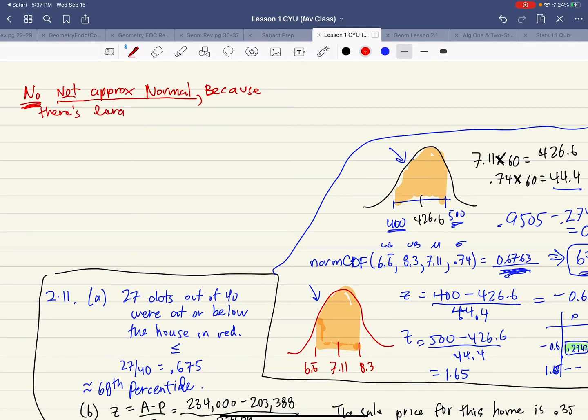There is a large difference between the median and the mean. And we know in normal data, the median and the mean would be the same or very similar number. They would be close, right?